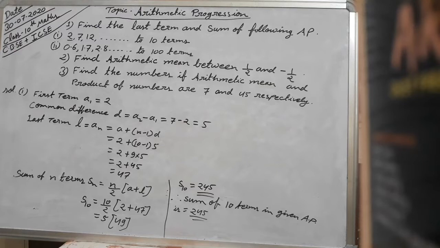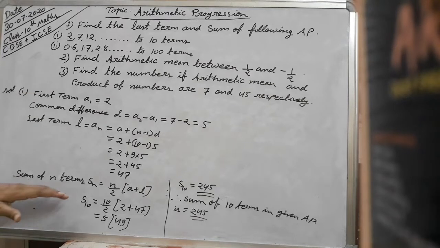In this way you can find easily the last term and the sum of n terms. Earlier I have told how sum of n terms will come, this formula. If you don't know, then search in my channel earlier classes for detail.